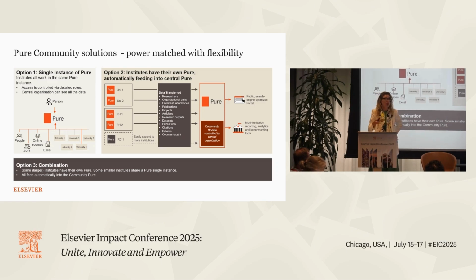Or option 3 is a combination of those two. In your ecosystem, you might have some larger institutions that want to and can manage their own research information and workflows. And there might be smaller institutions who don't have the capacity, or they have so little output that it doesn't make sense to maintain single instances.